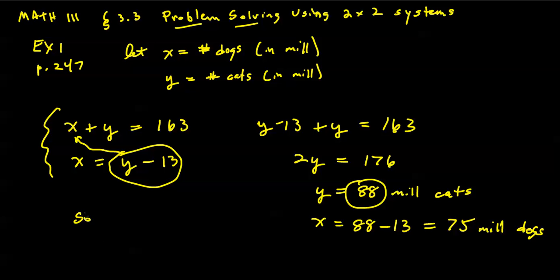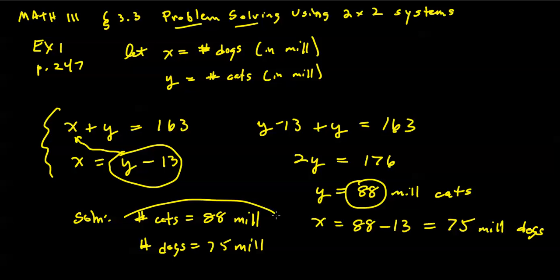Alright, so our solution is, well, let's see, number of cats is 88 million, if I want to summarize this clearly, and the number of dogs is, of course, then 75 million. And there's my solution. Alright, so that one wasn't too hard to follow.